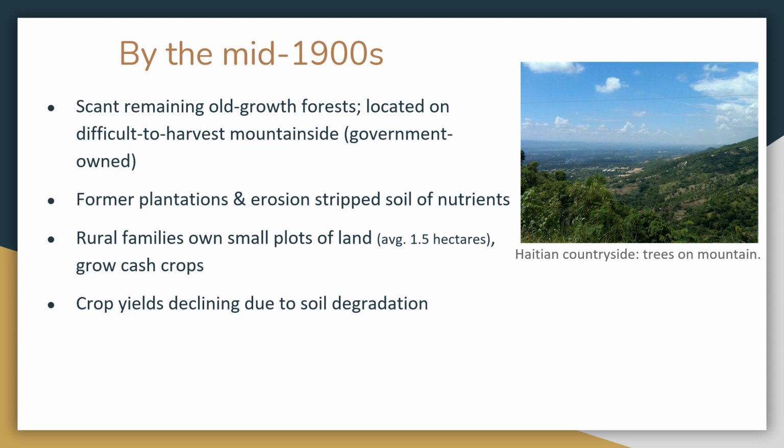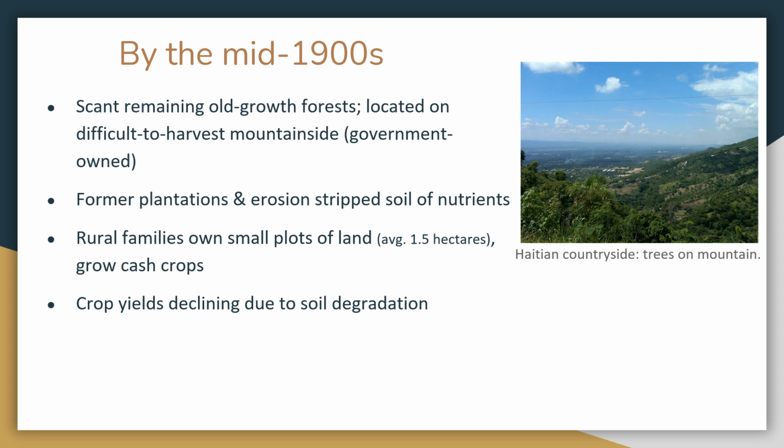So by the mid-1900s, there were scant remaining old-growth forests in Haiti, and the ones that did luckily remain were located in difficult-to-harvest places like mountainsides, and these places tended to be owned by the government.